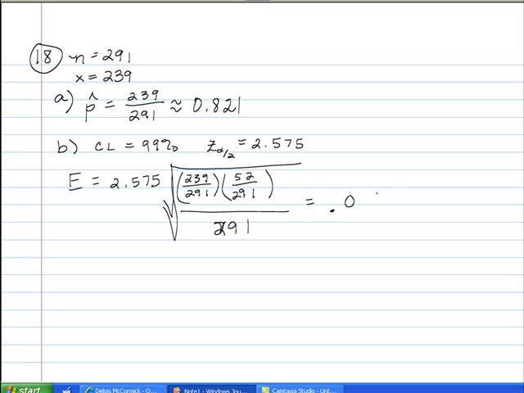And 239 divided by 291 plus 0.0578, I get 0.879. Looked like the book didn't use the exact number. They got 0.763.